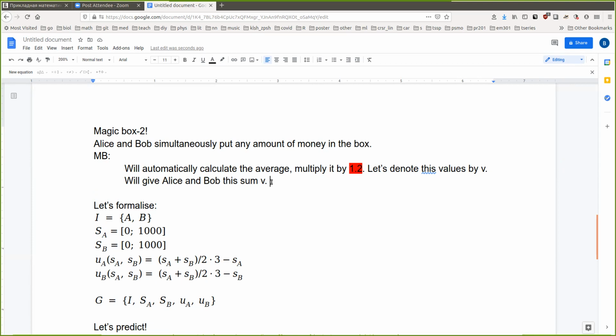Yeah, let's consider a second magic box, which increases the average by 20% for free. We have another magic box, the second magic box, that increases the average by 20%, and everyone receives this increased average.